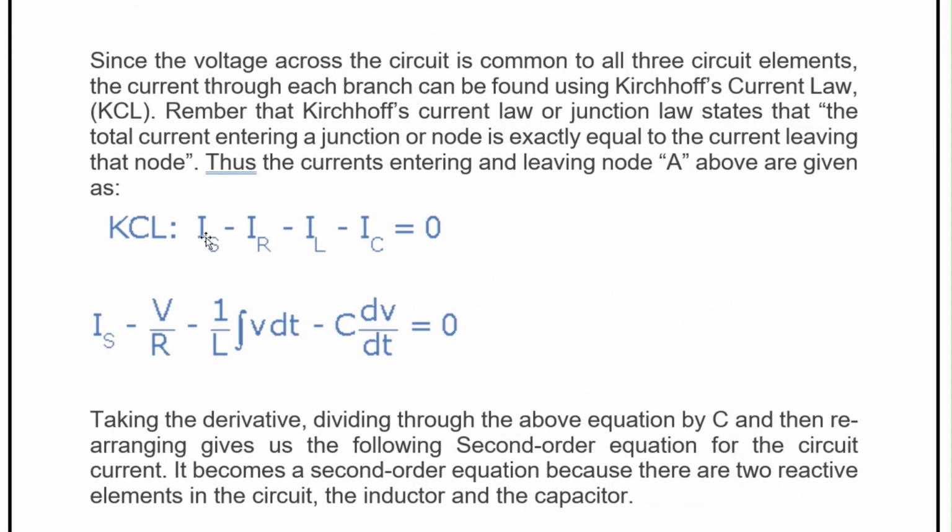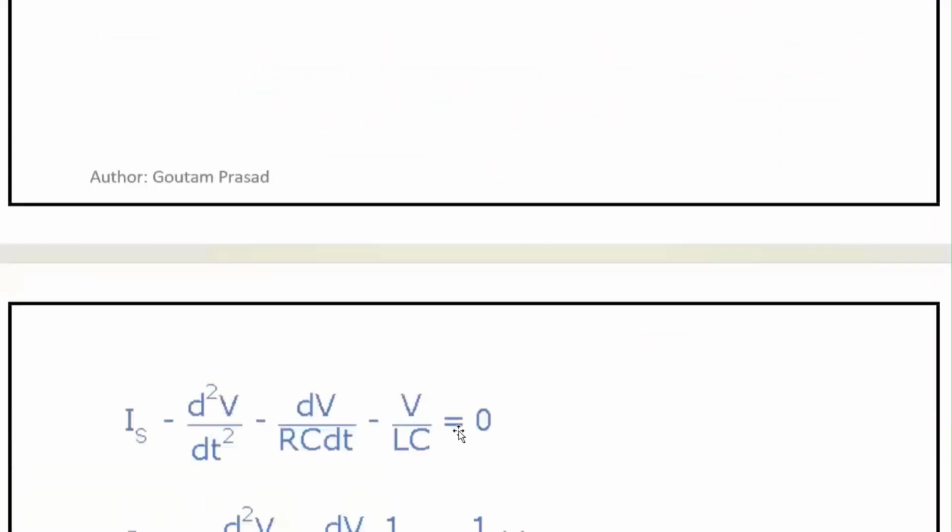Now according to KCL, Kirchhoff's current law, within the loop these three currents are being caused by Is, so the sum of all these currents will be equal to 0. So Is minus V upon R minus 1 upon L integration of V dt minus C dV by dt will be equal to 0.